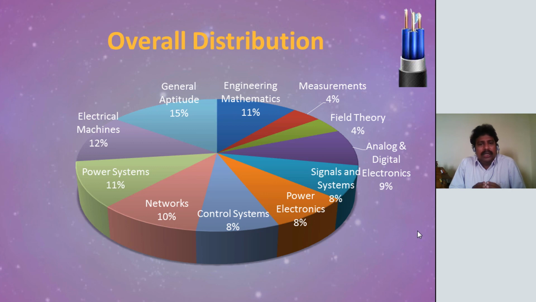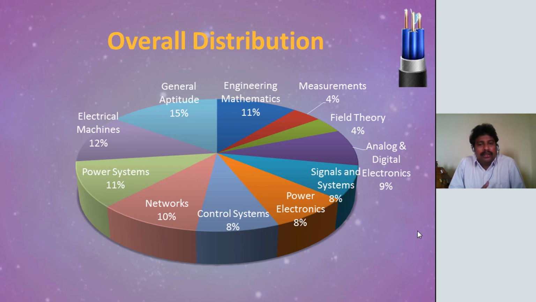In addition to that, if you concentrate a little on verbal and numerical ability, definitely there is a chance for a student to capture a minimum of 5 to 10% of marks in general aptitude. Altogether, 67% of weightage you can get by concentrating on the subjects machines, networks, control systems, power systems, power electronics and signals and systems, in addition to the general aptitude.